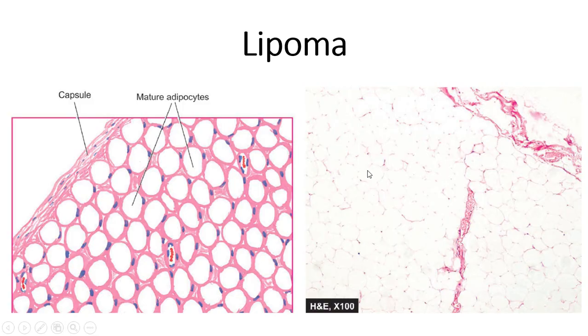Benign tumors that originated from fatty cells will show just normal fatty cells, just more fatty cells, and they can be easily distinguished from the surrounding normal tissue. So this is the fatty cell tumor with well-differentiated cells.